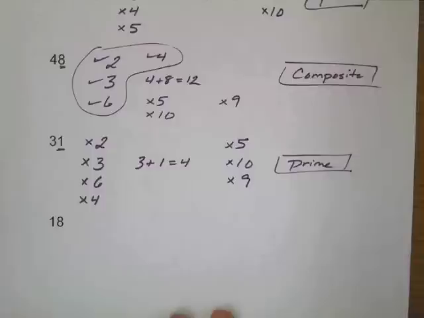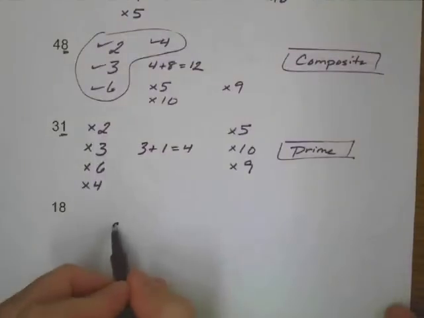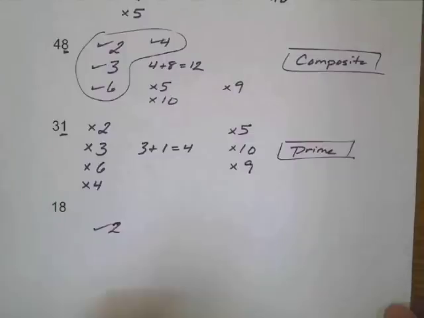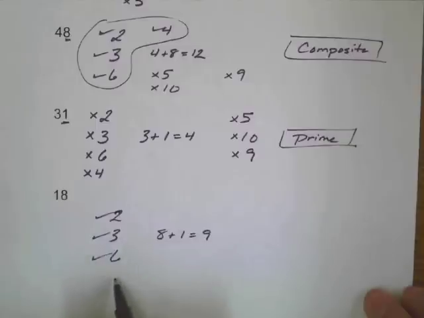Finally, let's look at 18. It's an even number, so that means it's divisible by 2. 8 plus 1 is 9. 9 is divisible by 3. So it's divisible by 3, and since it's divisible by 2 and 3, that means it's divisible by 6. By 4, well, 18 is not divisible by 4, so that'll be a no there.